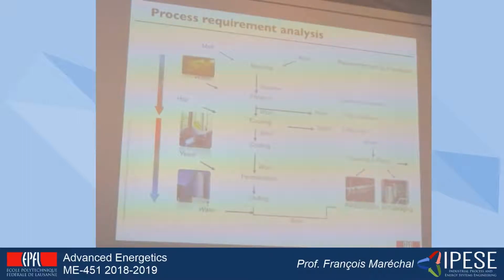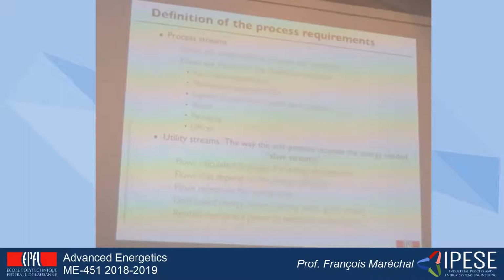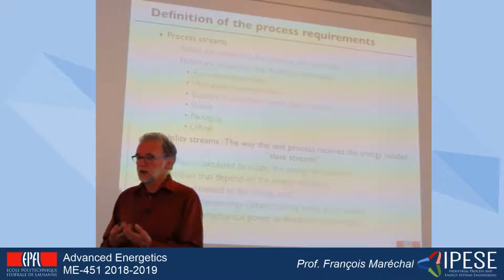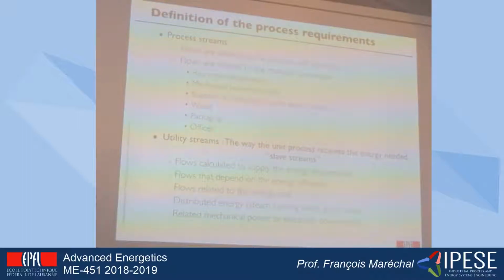From there, we are going to look at what are the real streams. And for defining the hot and cold streams, we are going to look at inside the process unit operations. Okay, so there we have to realize that there are two types of flows in the system.